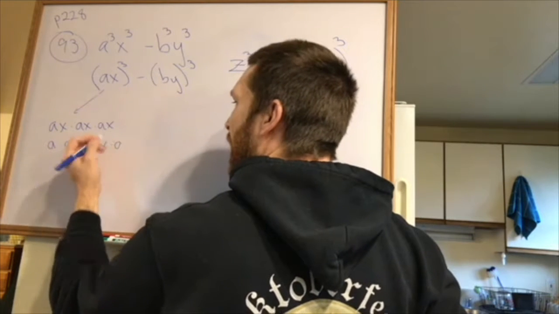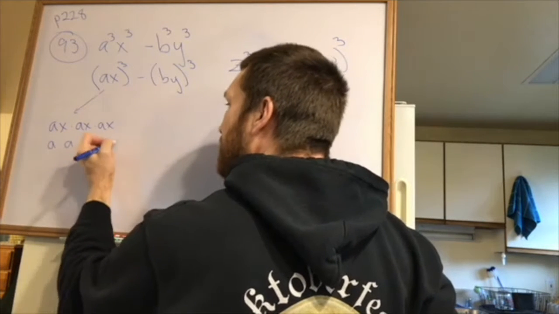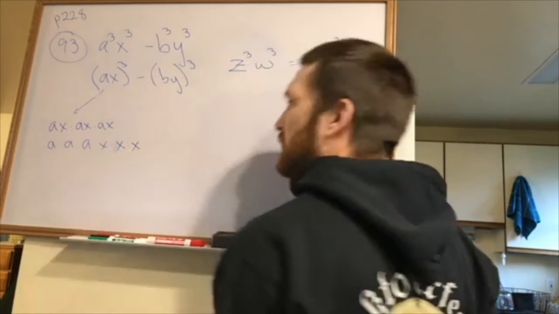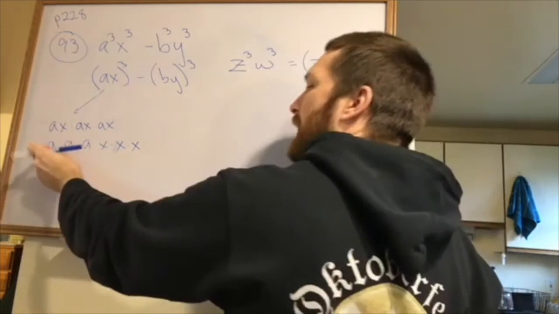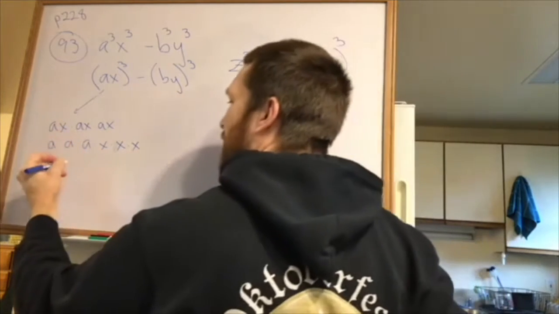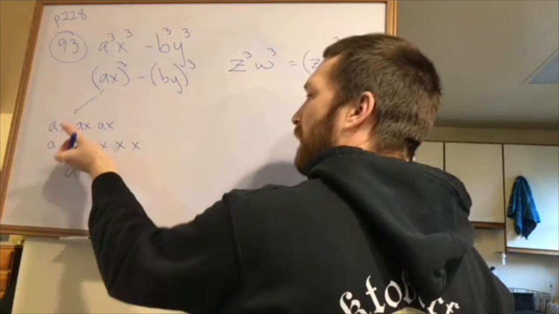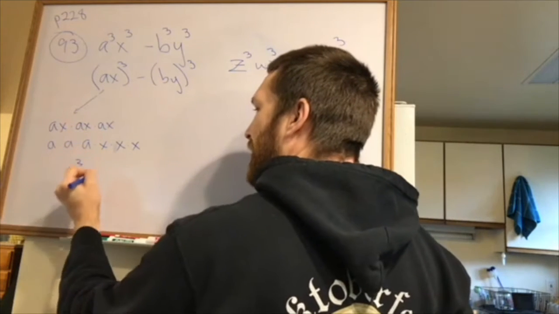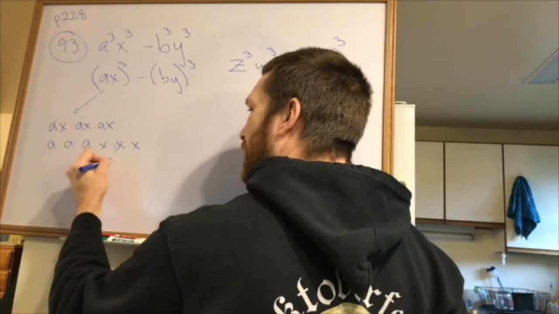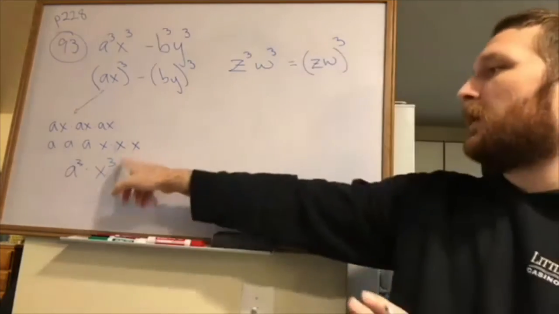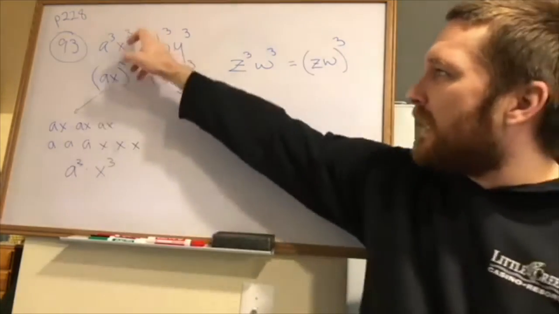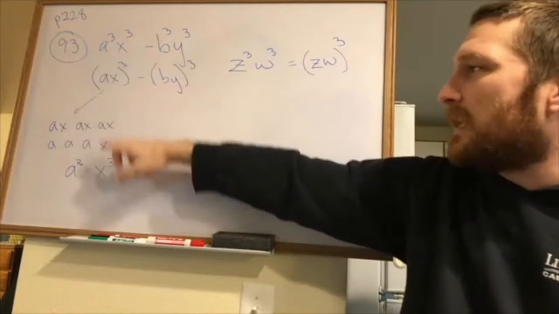So I could write it as 3 a's times 3 x's. A times A is that right there. That's just a fancy way of writing that. X times X is that. That's just a fancy way of writing that. And then I'm just kind of making sure I'm keeping myself honest.